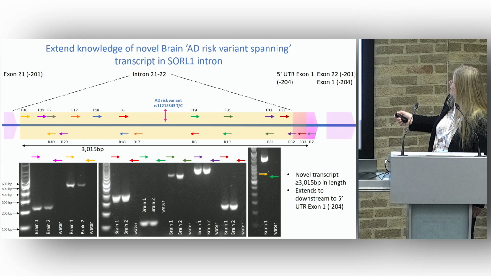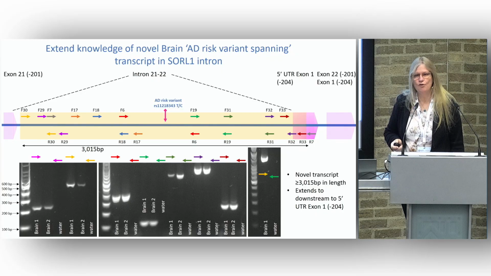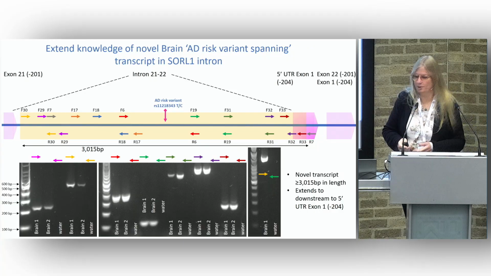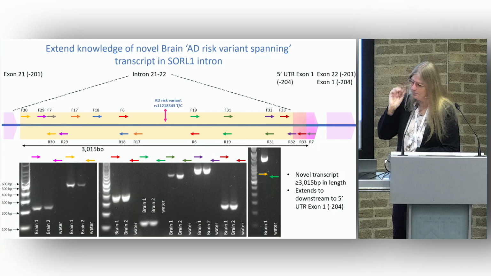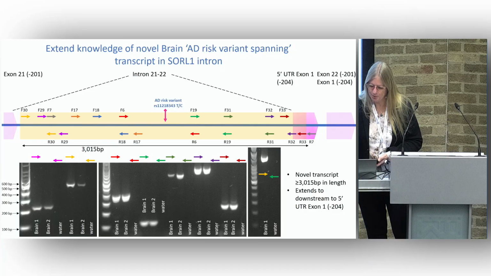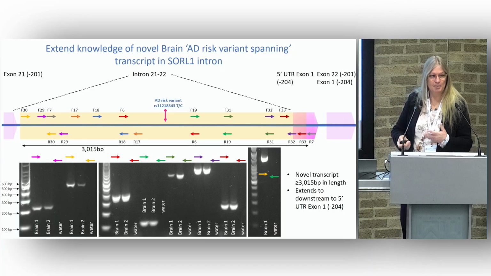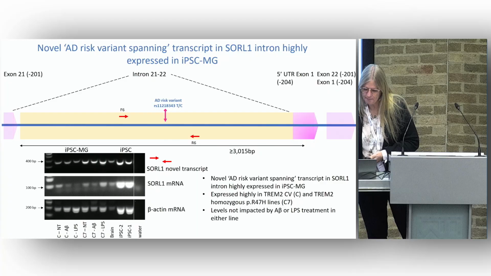You can see this one here is about 1,300 base pairs with this primer and this reverse primer, and extends into this exon here, which is actually a 5' untranslated region of the minor isoform in brain samples. So it's probably longer than a typical exon. Of course, at this stage, we didn't know if it was mRNA, a different isoform of mRNA, or whether it was some kind of regulatory RNA.